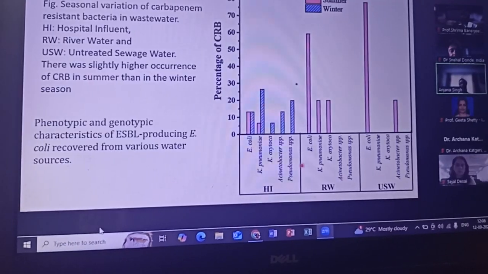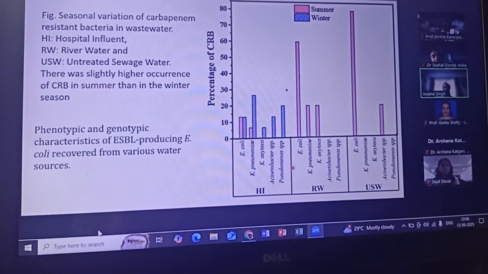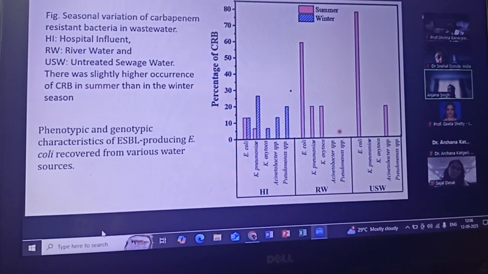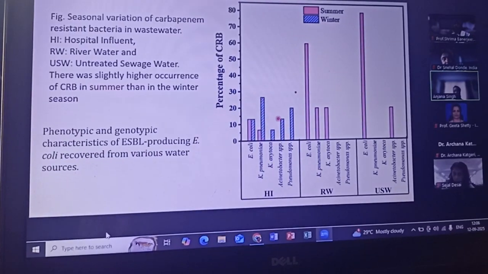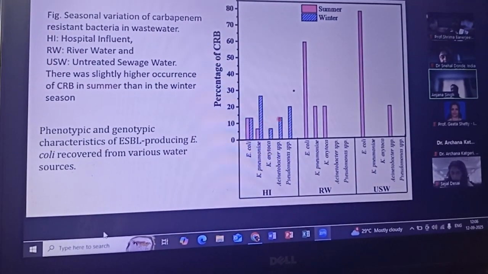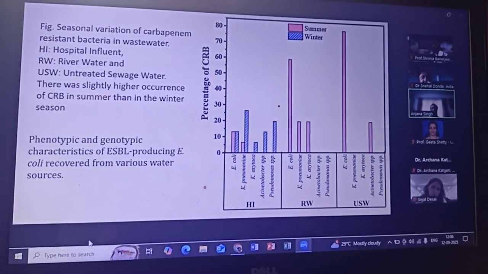It's very surprising to note that in both summer and winter seasons, the organisms have been retrieved from the wastewater, but it has been seen that in summer it has been high compared to winter season.